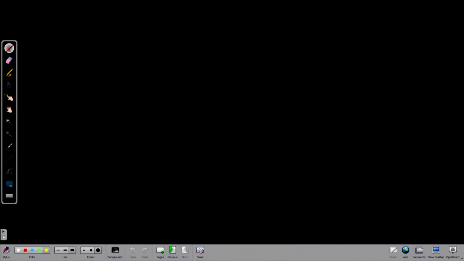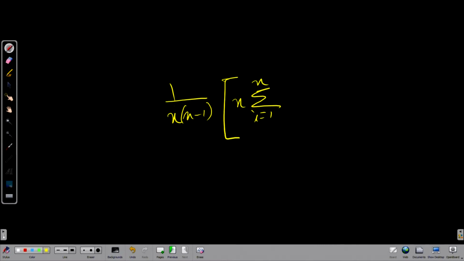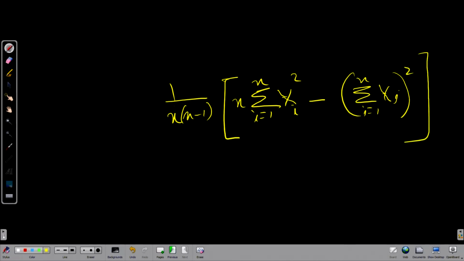It is 1 by n into n minus 1, then n into summation of i equals 1 to n, xi square, minus summation of i equals 1 to n xi, whole square. Oh sorry, it is not yi, it is always xi.